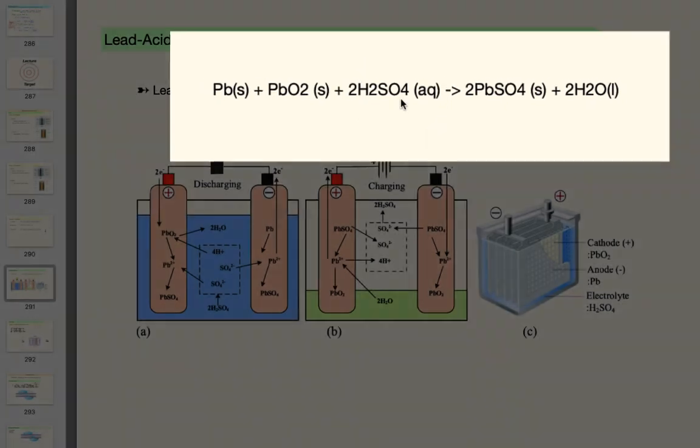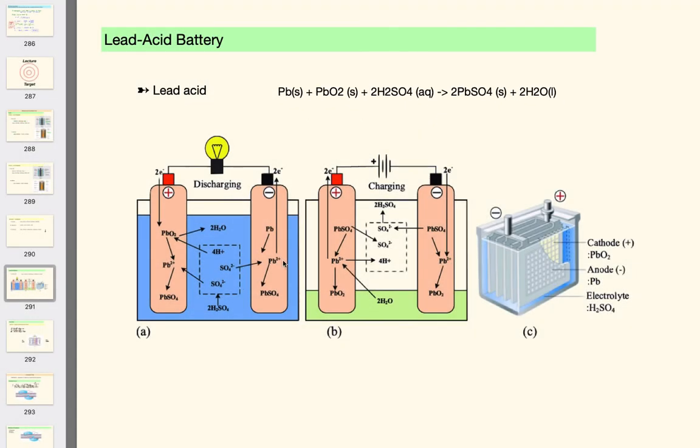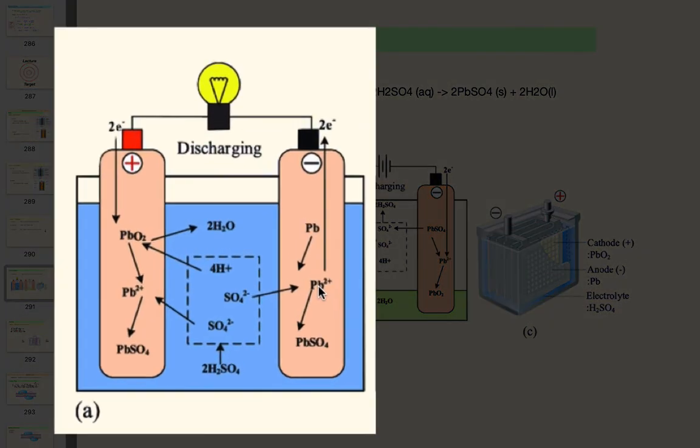So let's take a look at what happens in the reaction that produces the electrons that go through your starter that starts your car. Of course, your car starter is going to be where that light bulb is shown there. Lead is converted into lead-2 ions, and those lead-2 ions then pick up sulfate from the solution to make lead sulfate.